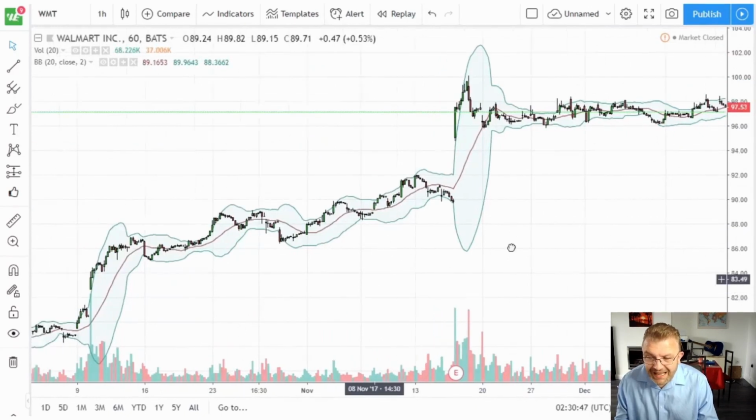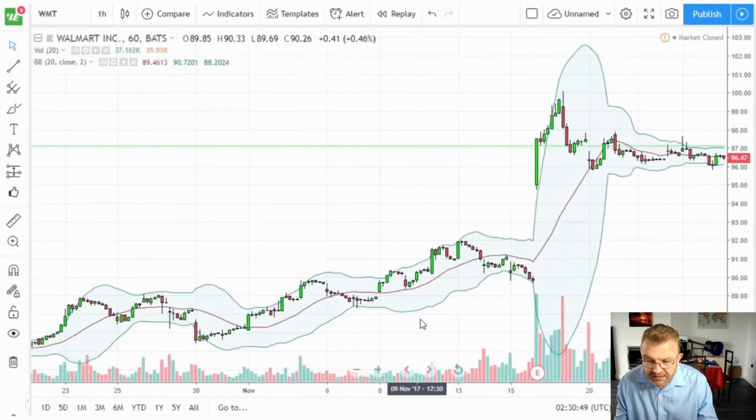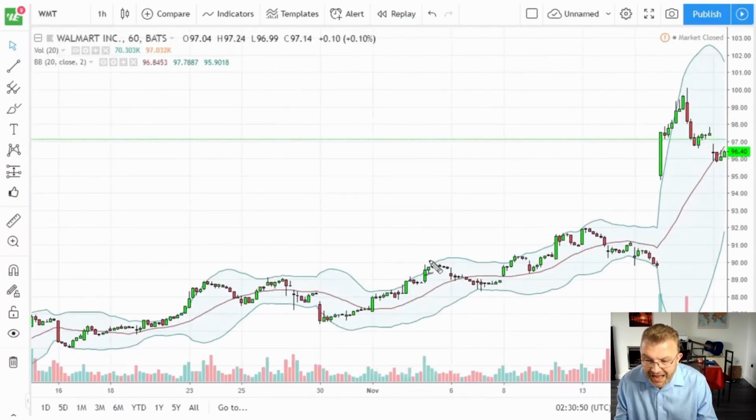Some people will get a little bit cute with these things and they'll simply buy and sell on both sides when we reach those levels. That's fine, especially on closing outside of it, but it doesn't always work. Like everything else, there's no magic bullet, particularly in trading.